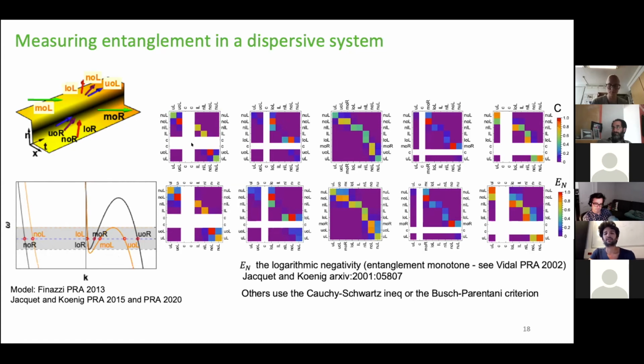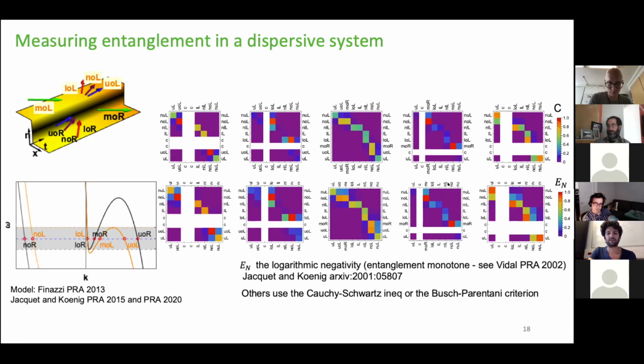And what we see is that as a function of frequency, we have various correlation figures. When we have a horizon, for example, here, we have a very strong correlation between a mode that's propagating away from the horizon and a mode that's propagating inside the horizon. So that's quite good. So what's the entanglement content?